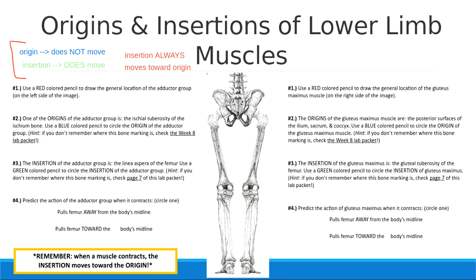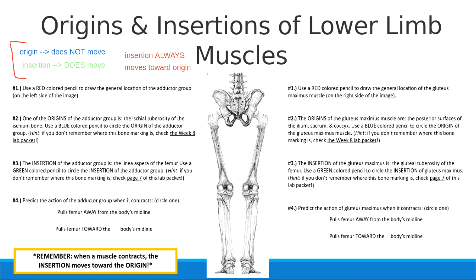So when I ask you to predict what's going to happen when this muscle contracts, you need to look at, or act out on yourself, what happens if I take those insertions and bring them closer to my origin. That's the goal of this activity, to predict some of those actions based on my muscle locations. So we're going to work on a couple of these together.